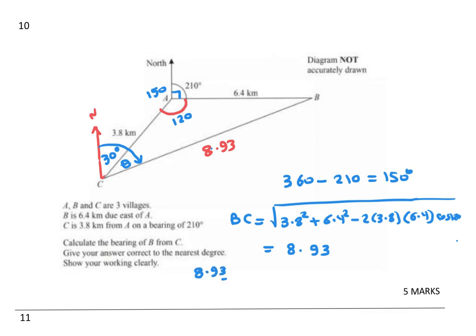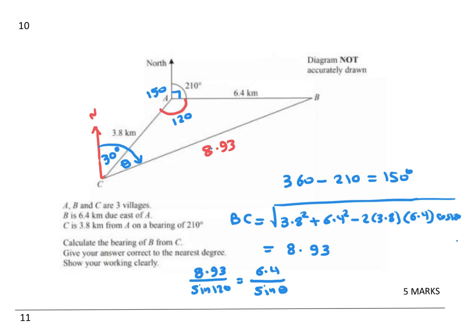Now cross multiply to find sine theta: 6.4 multiplied by sine 120, divided by 8.93.